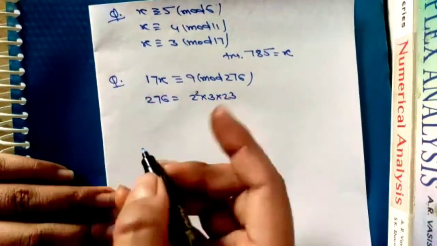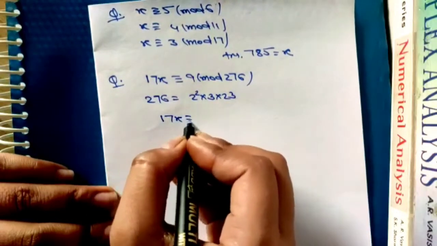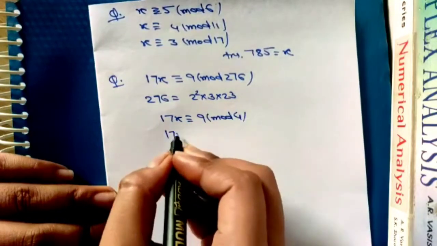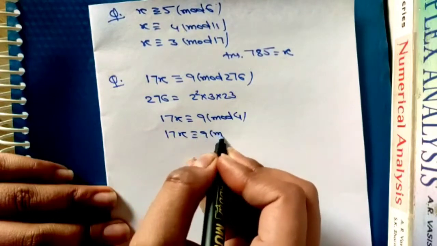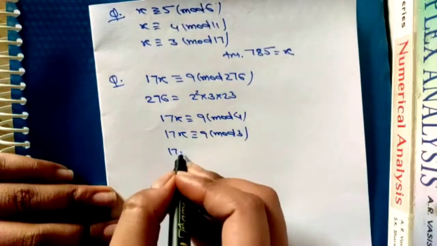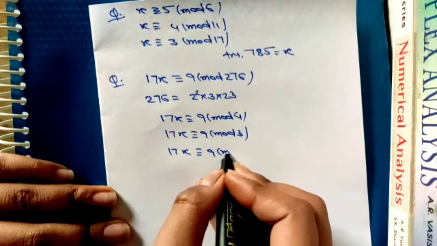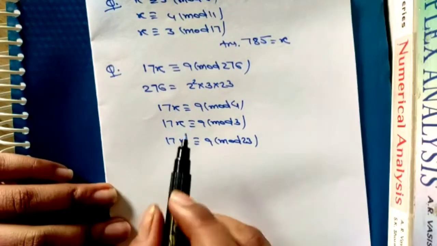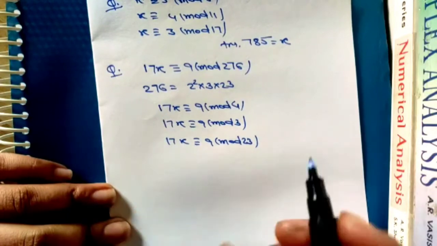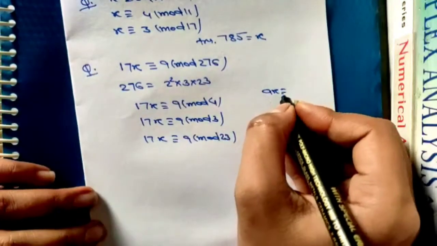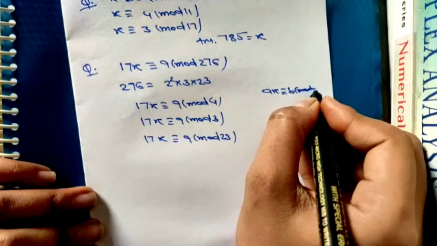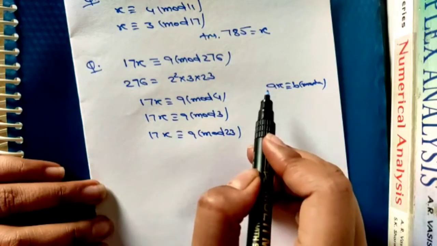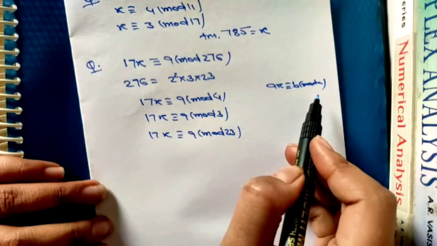Okay. So you can write 17x congruent 9 mod 4, 17x congruent 9 mod 3 and 17x congruent 9 mod 23. Okay. So for the unique solution, you know that AX congruent B modulo N, so X has the unique solution if GCD of A and N is equal to 1.